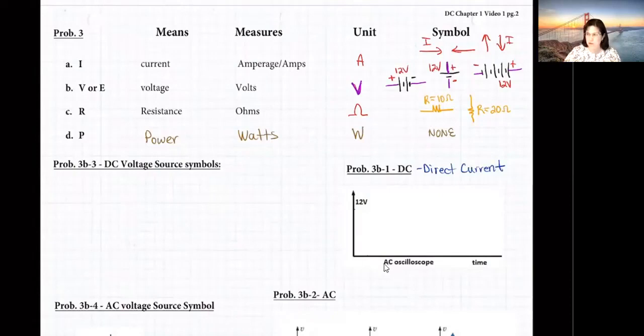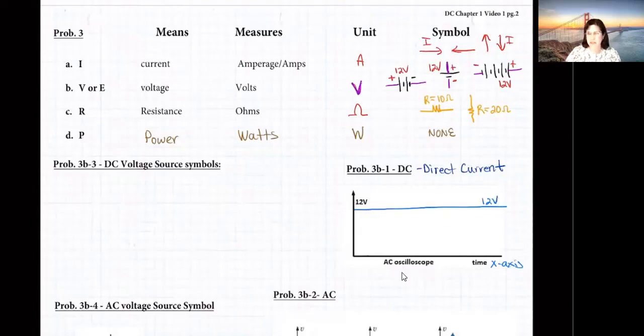Usually we use it for the AC class, which is the second class. DC is always our first class. It would just be a straight line of 12 volts. So no matter what time it is on the x-axis, this would remain 12 volts until it gets drained, right? And it goes down below 12 volts.